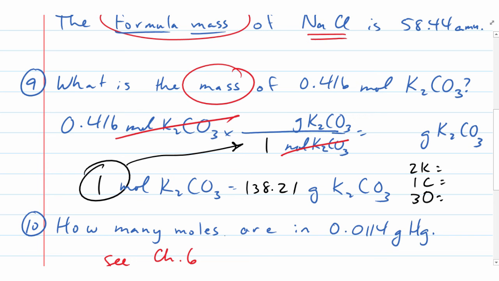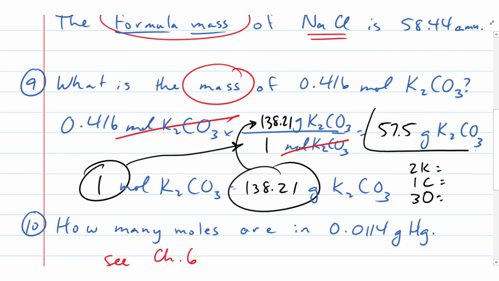All right, goes here in the bottom, and then the 138 grams of potassium carbonate goes on the top. We then multiply it through. We take the 0.416, multiply by 138.21, and we get that answer of 57.5. And again, most of us got this one correct.